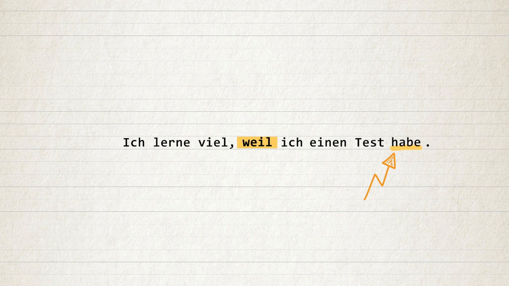The conjugated verb goes at the very back of the sentence. So we have the conjunction weil after a comma, very important, don't forget that. After that is the subject, then everything else, and then the verb at the end. So the conjunction weil will push the verb to the last place in the sentence.